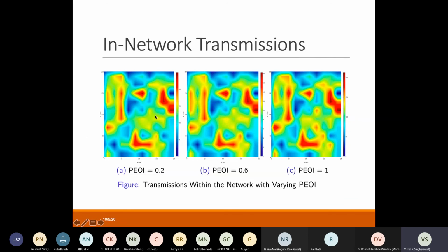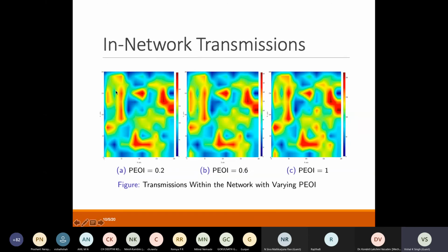The events were detected, and in case of an anomaly, or in case of EOI, the probability of EOI is 0.2 in this, probability of EOI is 0.6, and probability of EOI is 1. And in all these scenarios, you can see that the spatially correlated data is being transmitted by the nodes using the compressive sensing method.